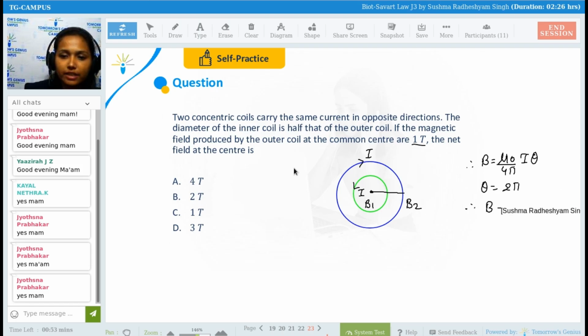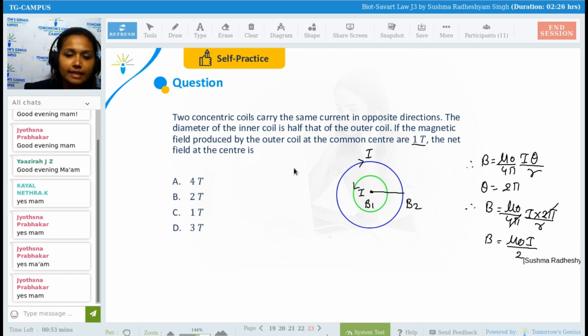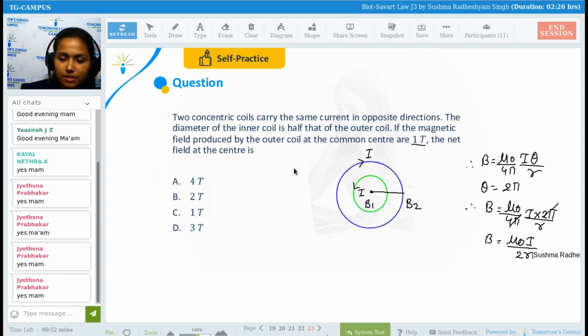So your magnetic field is mu naught over 4 pi, I into 2 pi over R. So the pi gets cancelled, the 2 gets cancelled, and we get B is equal to mu naught I over 2R. Clear this formula, students? So this is your final formula. Sorry, R here was missing.